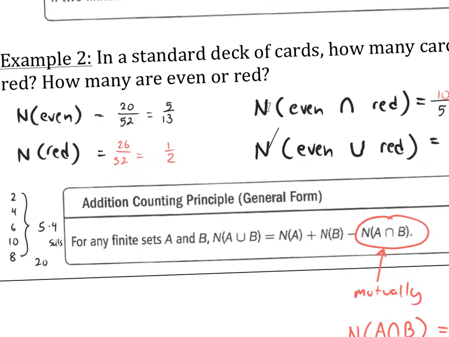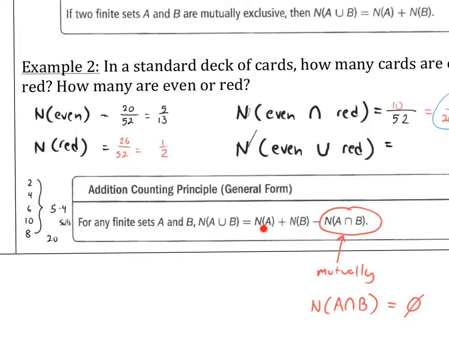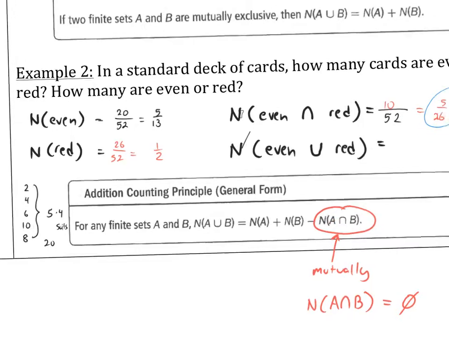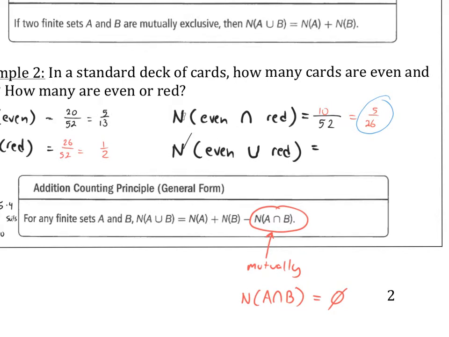How many are even or red? Well, we're going to use this rule down here. We're going to take the number of even plus the number of red and subtract the ones we counted twice. So I'm going to keep it all in the 52s because it already has a common denominator there. So the first one here is 20 over 52 plus the 26 over 52, which is the red cards.